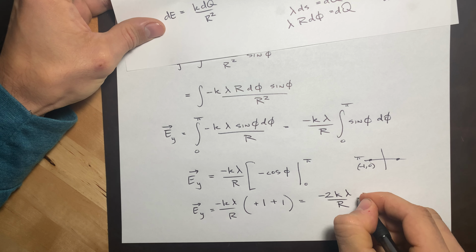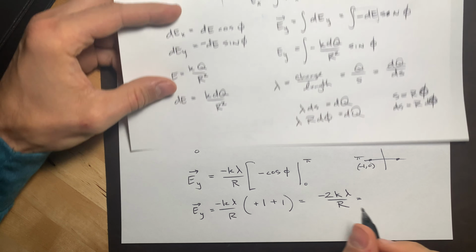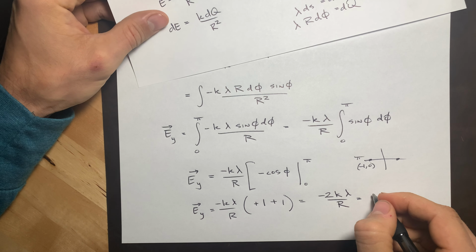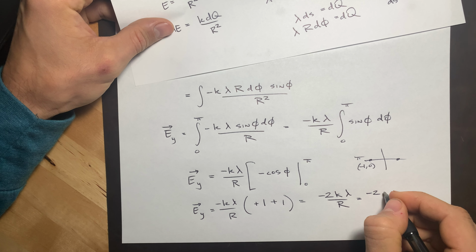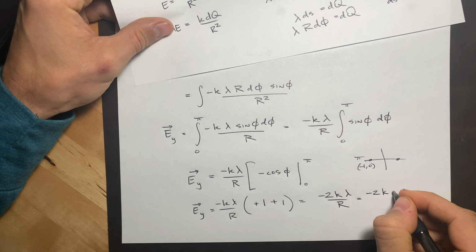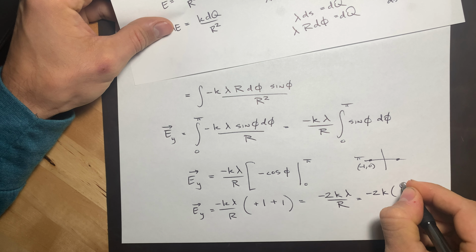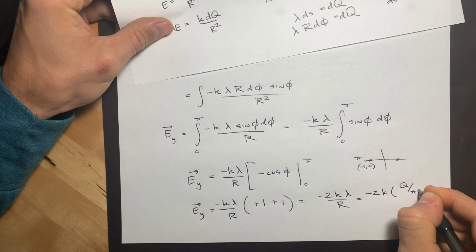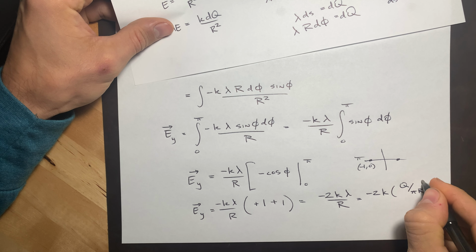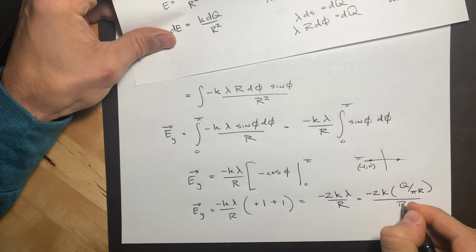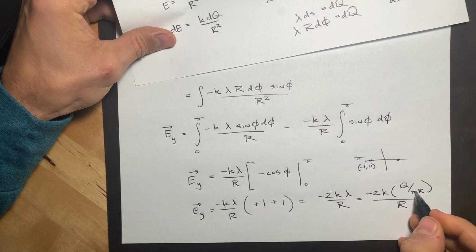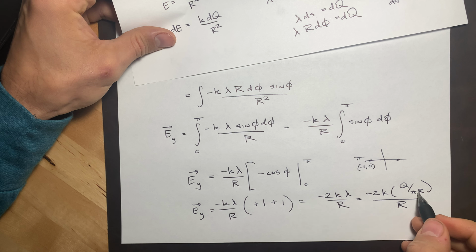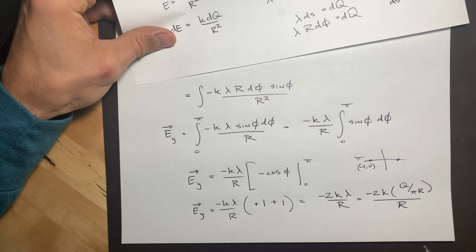Now, remember that lambda is charge per length. This is going to be negative 2k, and lambda here is going to be q divided by pi r, over r. Why pi r? Pi r is the length of half a circle. 2 pi r divided by 2, or pi r, is the arc length.